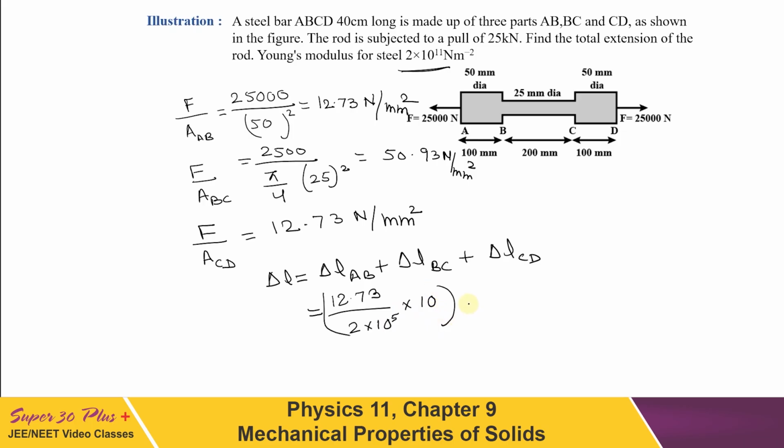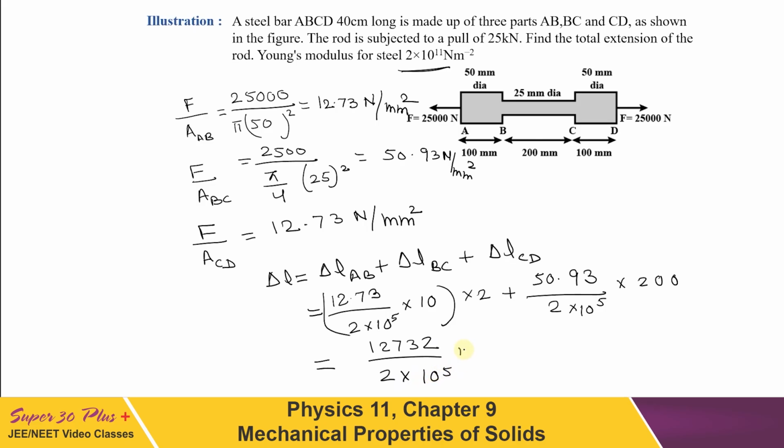This whole multiplied with 2 plus 50.93 upon 2 into 10 to the power 5 into 200. This answer will be 12732 upon 2 into 10 to the power 5 mm, which on further solving will give 0.0637 mm. So this will be the total extension in the rod.